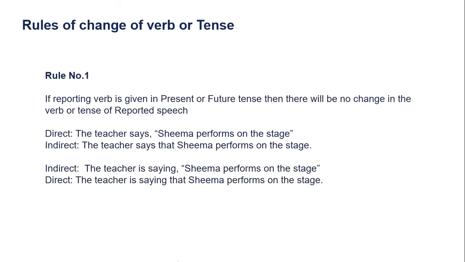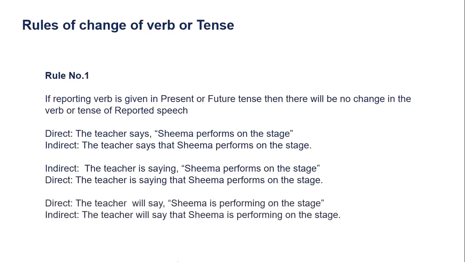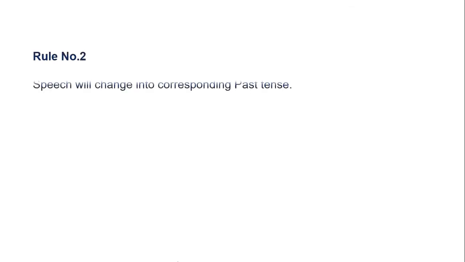Indirect speech will be, the teacher is saying that Shima performs on the stage. You see, no change. Let's see another example. "The teacher will say" is given in future form, right? "Shima is performing on the stage." Indirect speech will be, the teacher will say that Shima is performing on the stage. You see, no change.